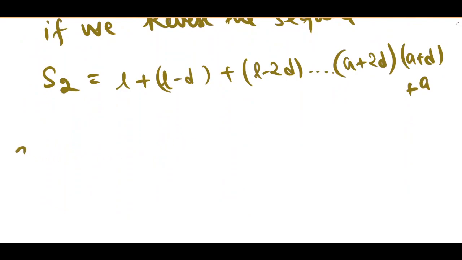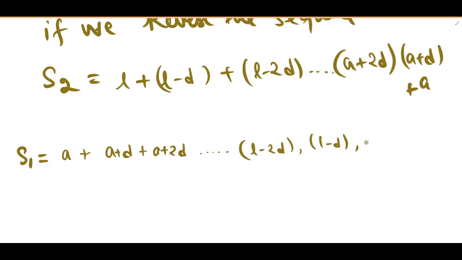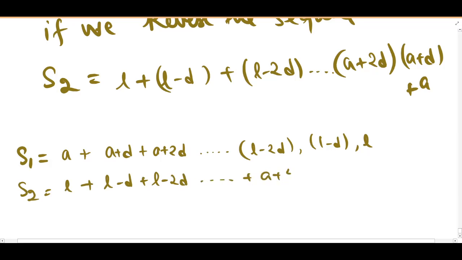So we can write s1 is equal to a plus a plus d plus a plus 2d, up to l minus 2d, l minus d, and the last term l. And s2 is l plus l minus d plus l minus 2d, and so on, plus a plus 2d plus a plus d plus a.